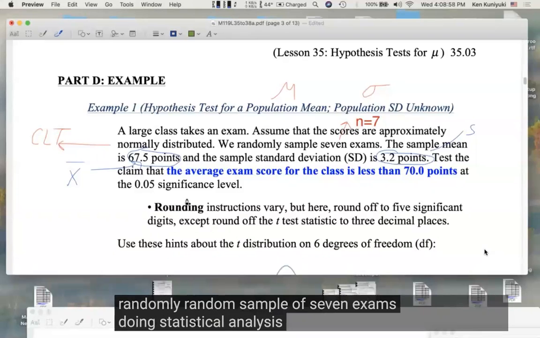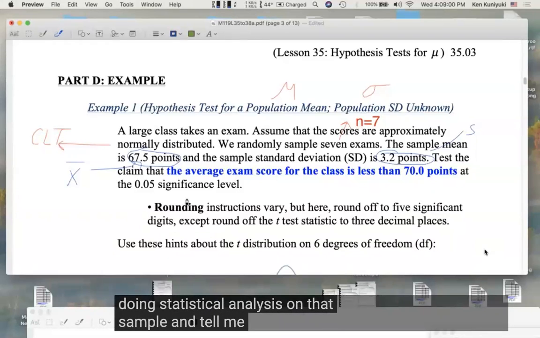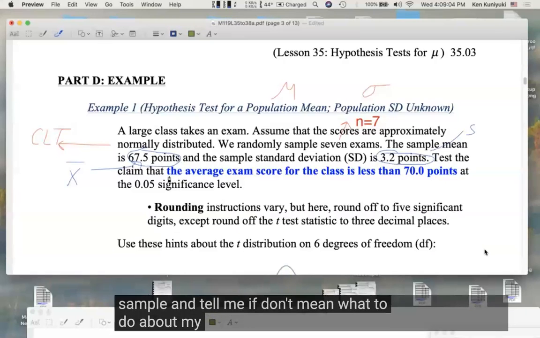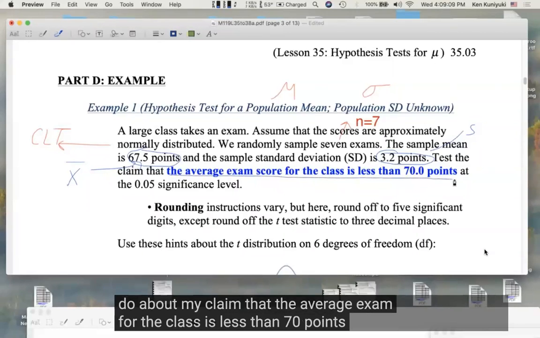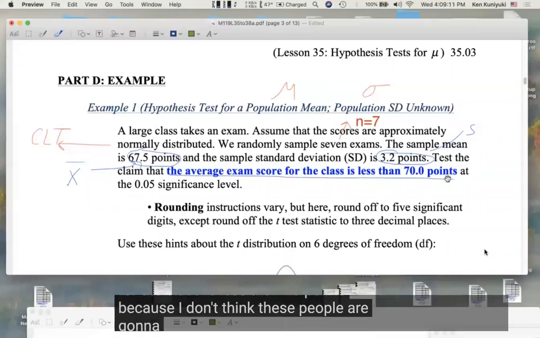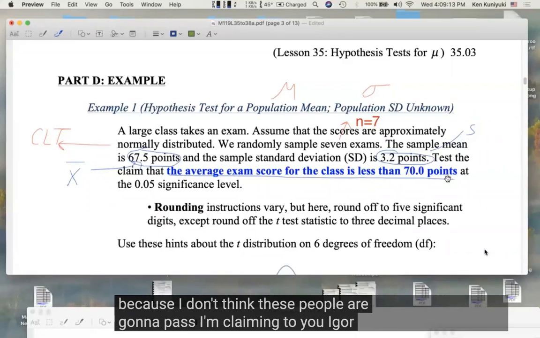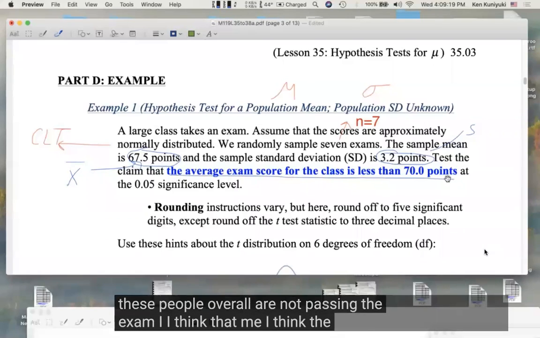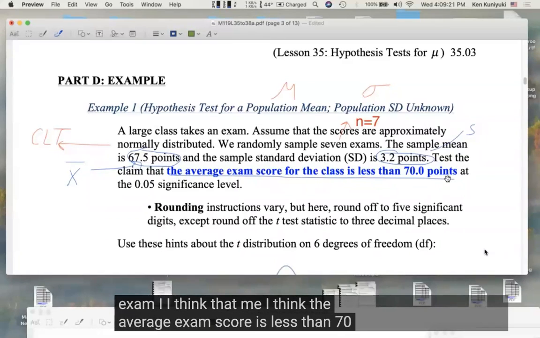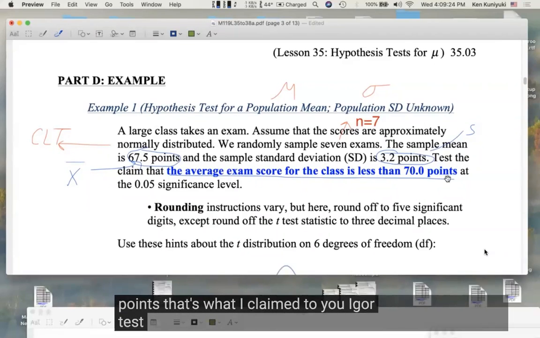Do a statistical analysis on that sample, and tell me what to do about my claim that the average exam for the class is less than 70 points, because I don't think these people are going to pass. I'm claiming to you, Igor, that these people overall are not passing the exam. I think that mu, I think the average exam score is less than 70 points. That's what I claim to you, Igor. Test that claim based on your sample tonight.